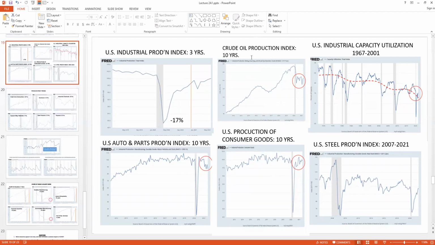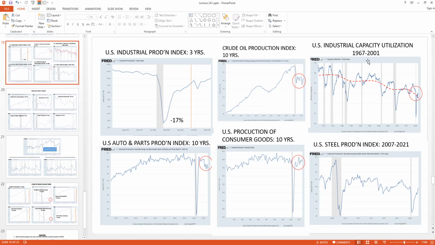Crude oil production had been increasing. It decreased as a result of a recession and production cutbacks in the Mideast, but generally production has increased until the pandemic, when you see the rapid, sharp decline.